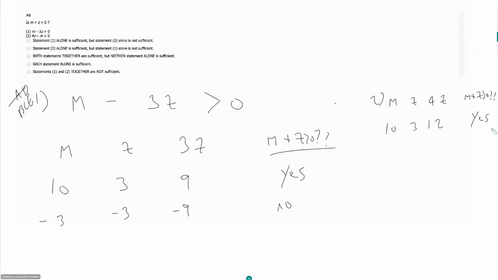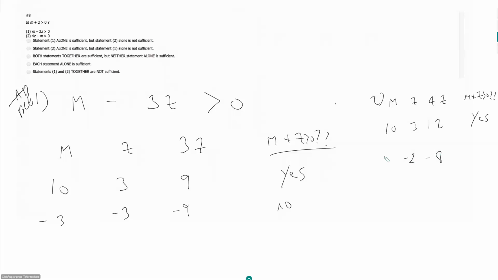Can we come up with a no here? So if we say z is equal to like negative 2, therefore 4z is equal to negative 8.